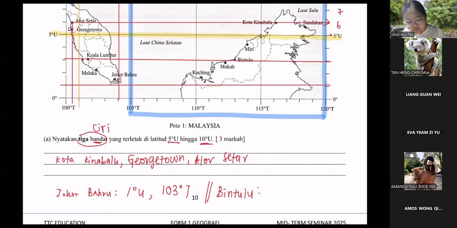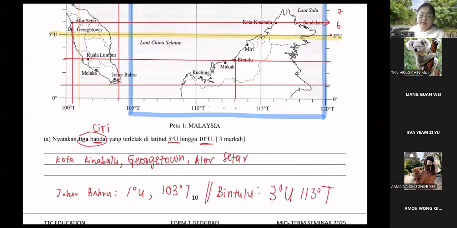Yes, it's 3 U, and then what? Exactly on the line, right? 1, 1, 2, 3. Yes, 113. 3 or 4? 113, not 114. Because the dot is here.